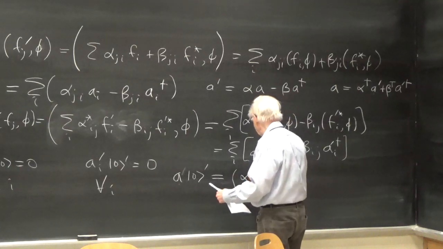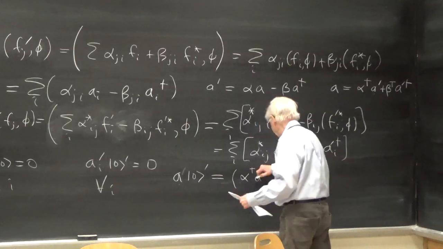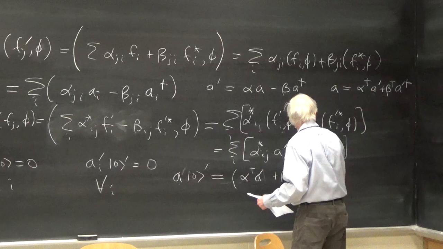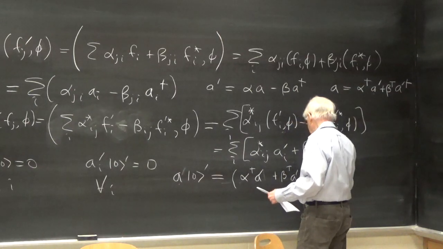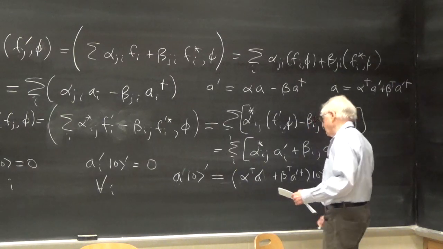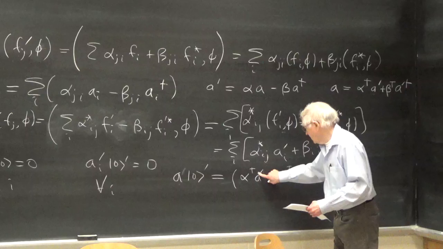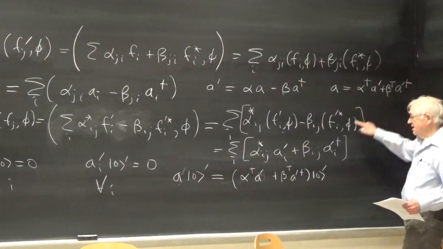A is alpha dagger A prime plus beta transpose A prime dagger on the prime vacuum. I'm using this equation here.